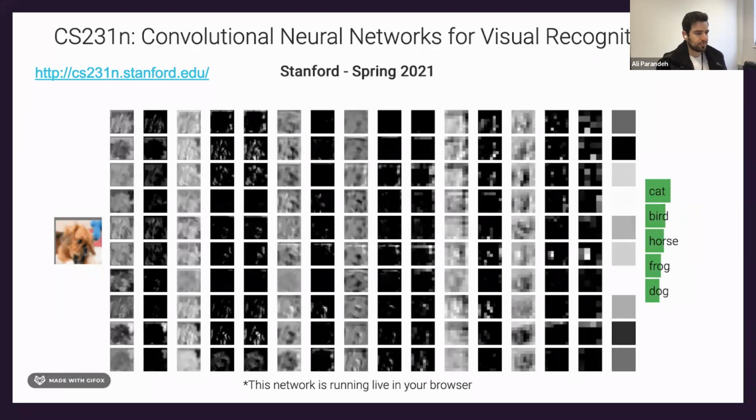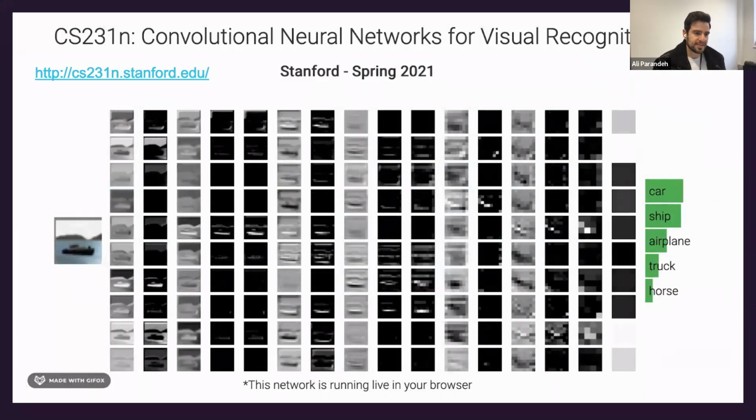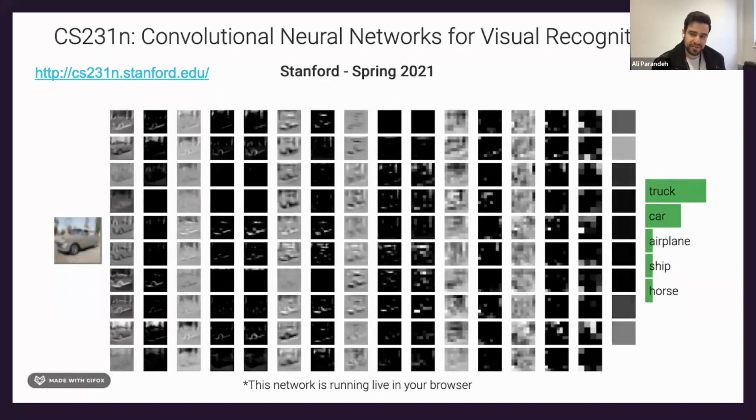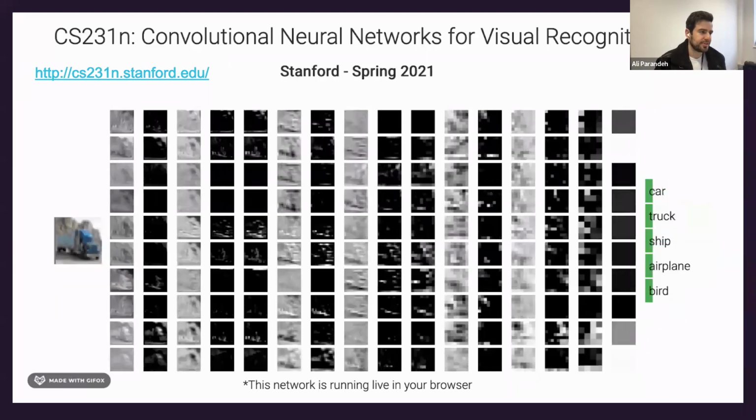In the earliest layers of the network, it learns details around shapes and simpler patterns, such as lines and edges and angles of lines. And as you progress through the network, the network starts to learn more features and more complex patterns as you go from left to right.